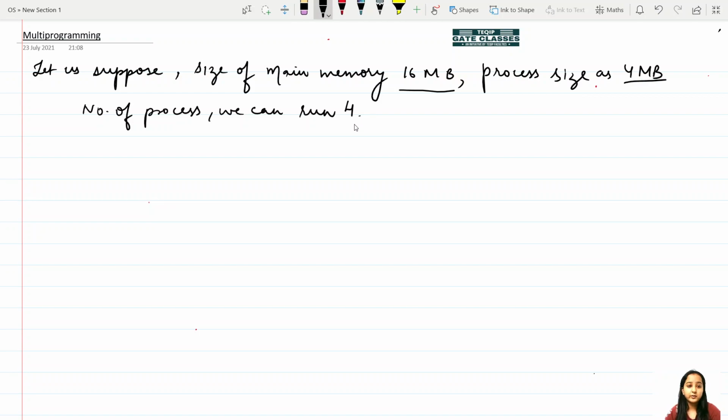So how many processes can we run? 4 processes we can run. If the size of main memory is 16 MB and the process size is 4 MB, then the number of processes we can run is 4.